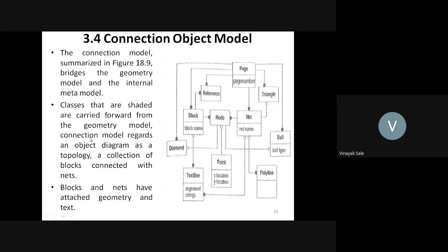The connection model regards an object diagram as a topology, a collection of blocks connected with nets. Blocks and nets have attached geometry and text. Blocks and nets are attached to the geometry as a text.